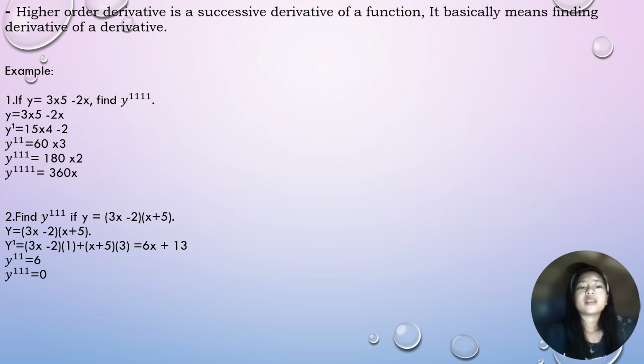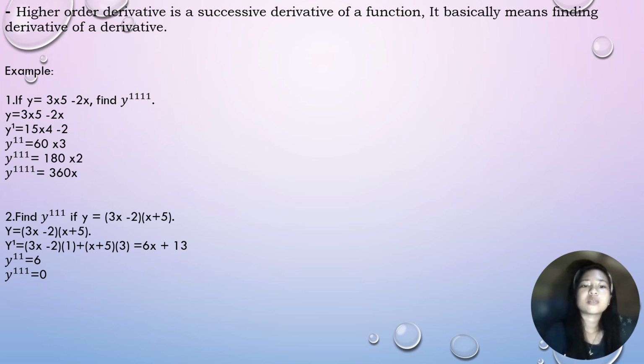Then the fourth derivative is 2 times 180 is 360, then 2 minus 1 is x. So that's why the fourth derivative of 3x raised to 5 minus 2x is 360x.